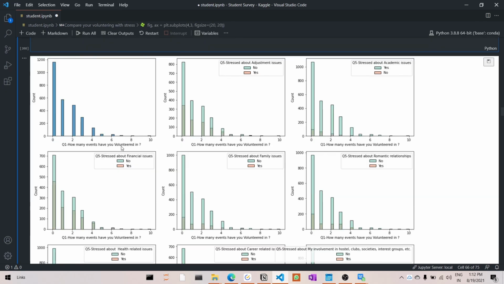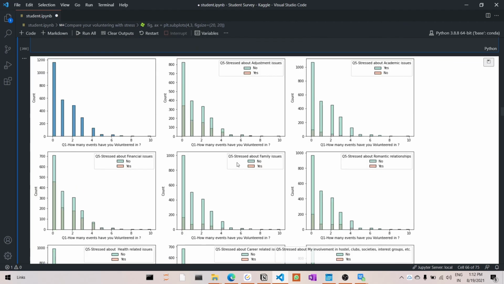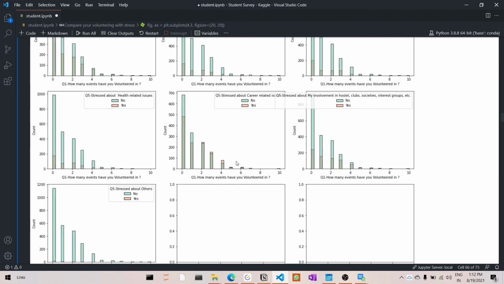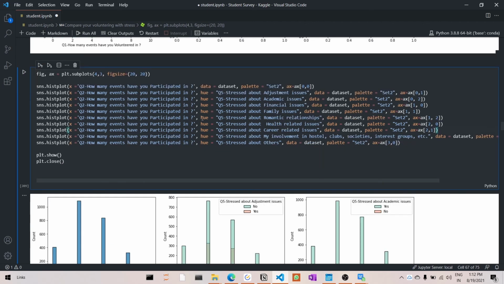I mean events the student has volunteered in. So 1, 2, 3, 4 till 10. And the student counts that they are saying they are under stress. So you can see. Then we are going to see the participation count and the stress.